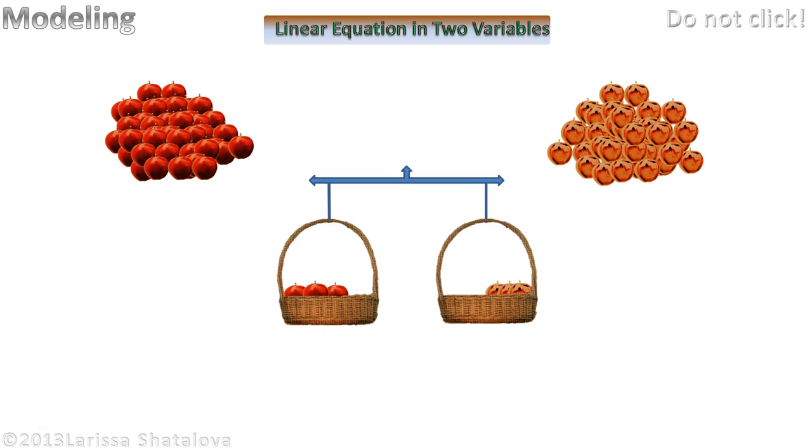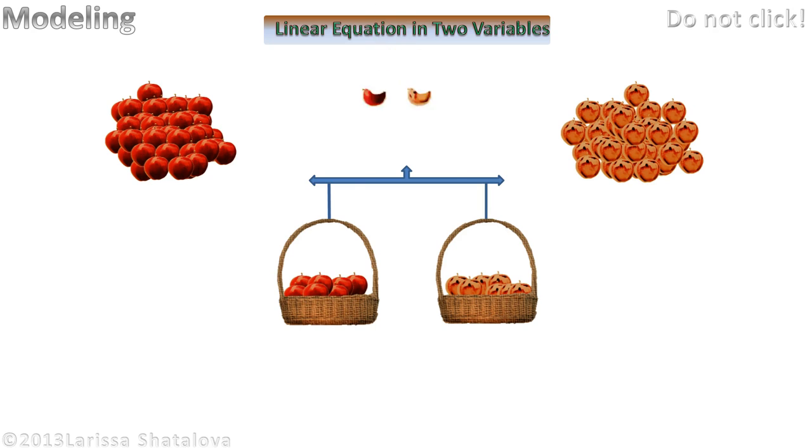As you see, the baskets are in balance. More, more, and the baskets are still in balance. Now we can take one red and one golden, take a nice bite, and return what is left over. As you see, the baskets are in balance.